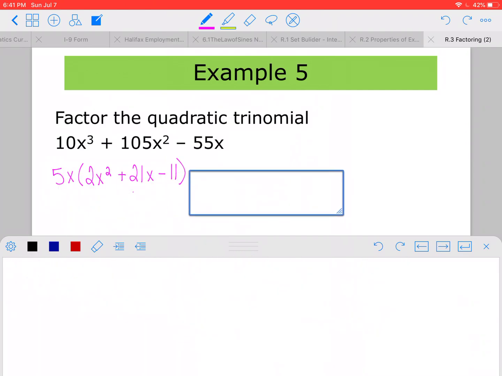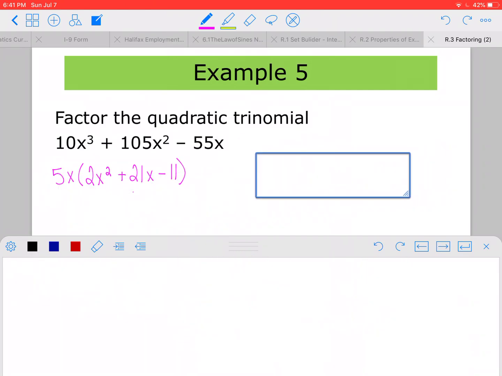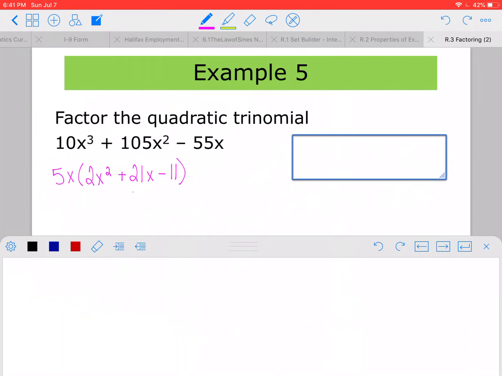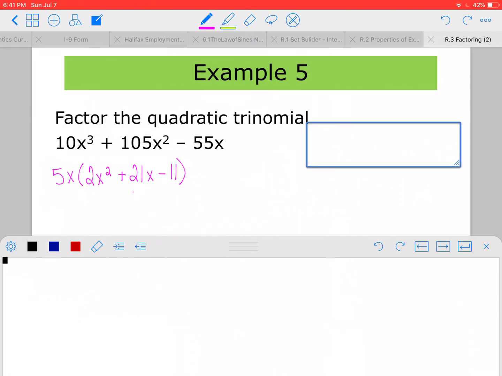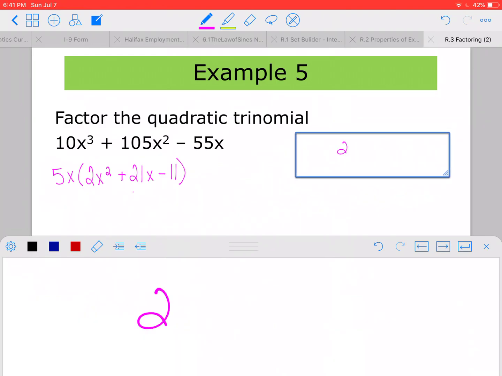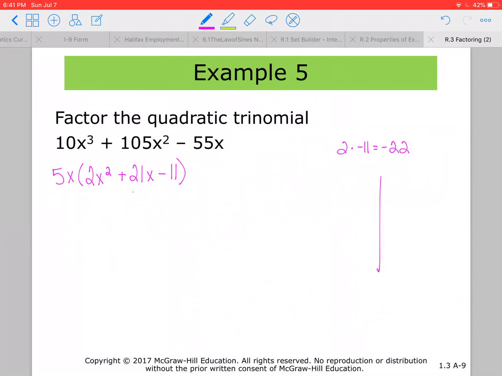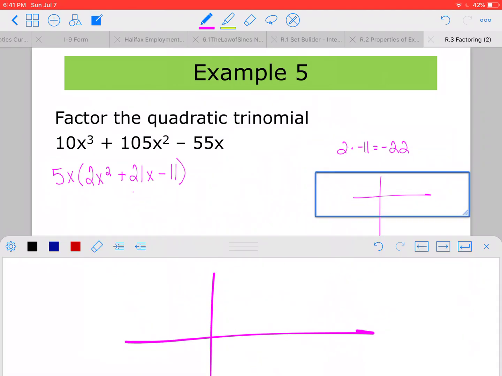So now we've got 2x squared plus 21x minus 11. So just like with the last, we take 2 times negative 11. That gives us negative 22. And we go over and create our little table. What multiplies to give us negative 22 that adds to give us the number in the middle, which is now 21?